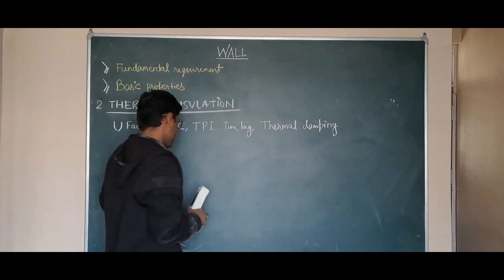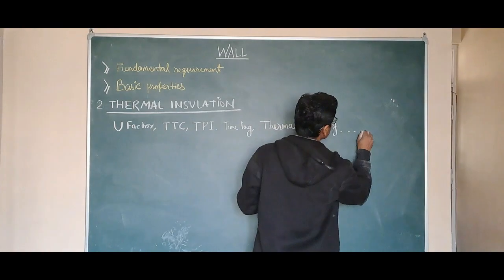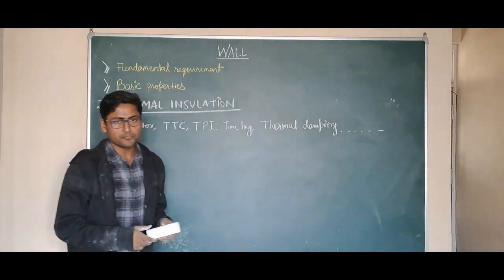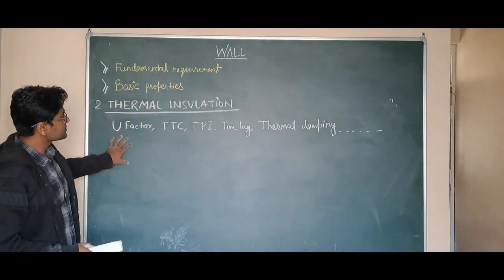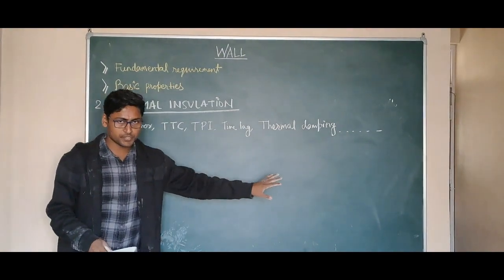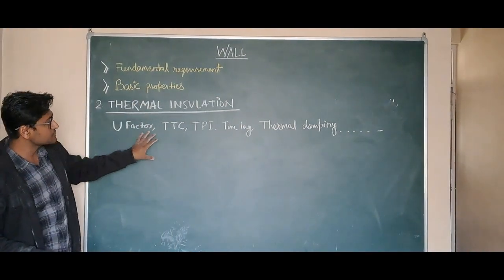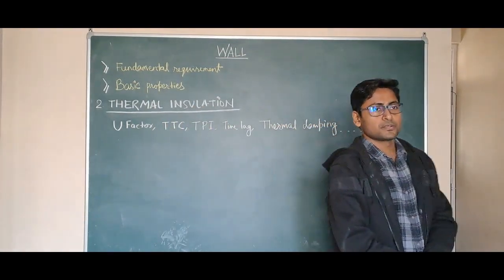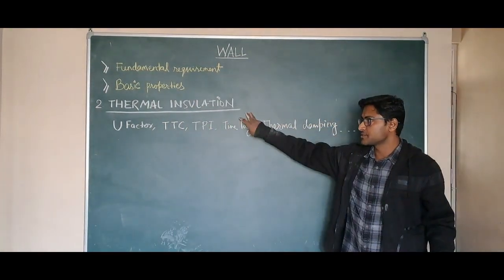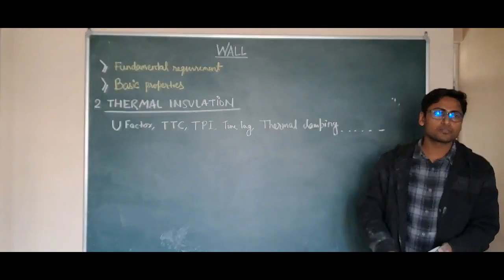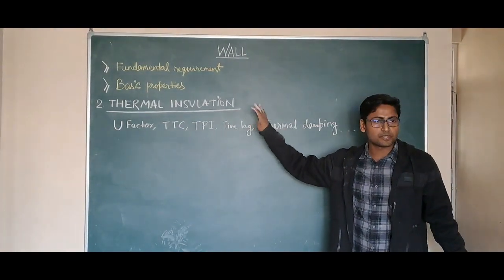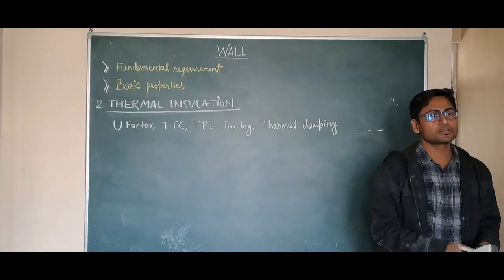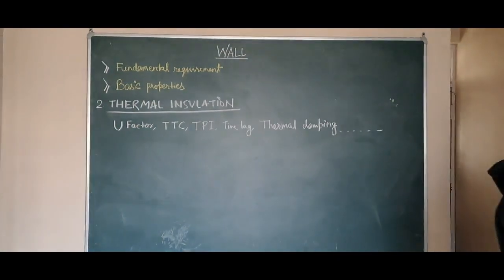So don't worry about these various terminologies. There are other terminologies also. We will not discuss in detail each and every terminology. Few things we can discuss in the BR course, right? If someone is interested in research, they can go for that. Lot of research is going on thermal insulation of the building, or the energy saving in the building.